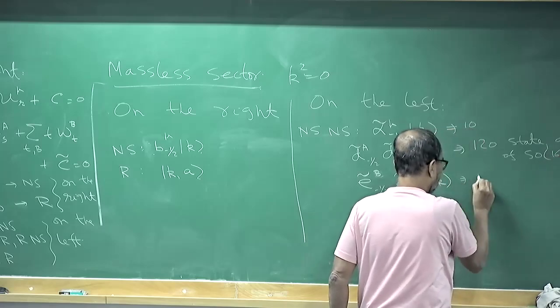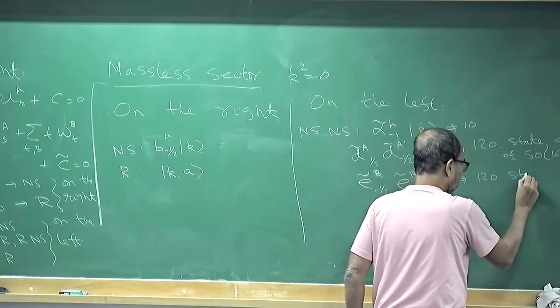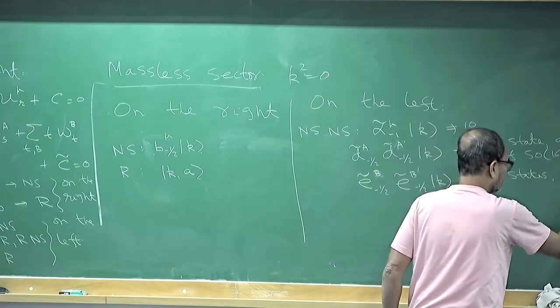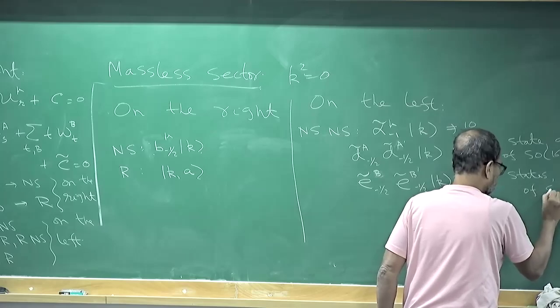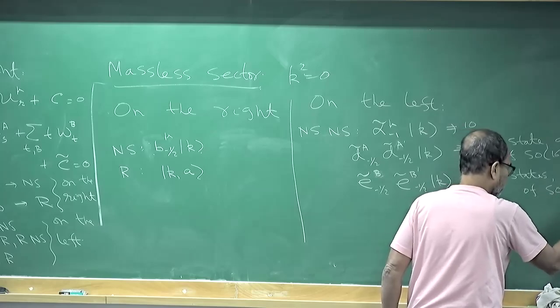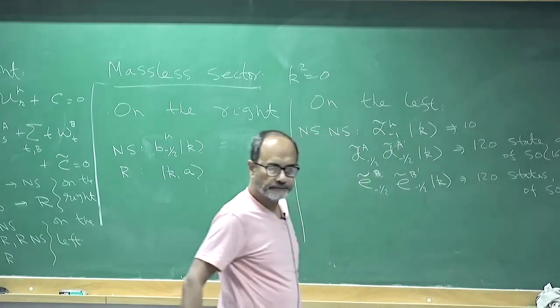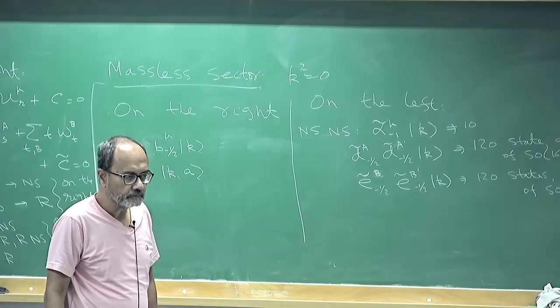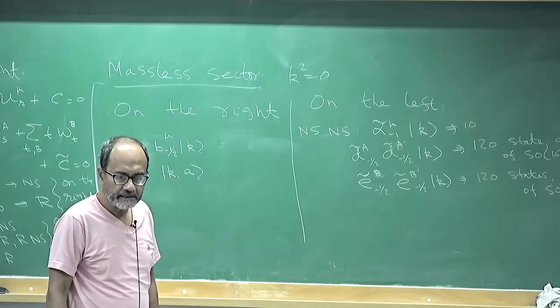And this gives you 120 states, adjoint of SO16-2. Is that clear?